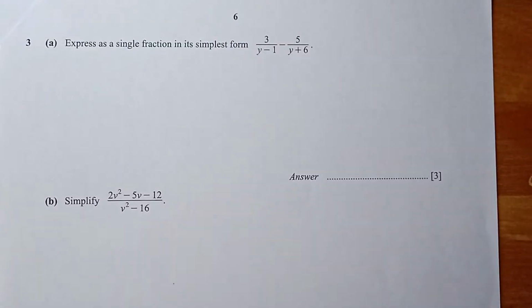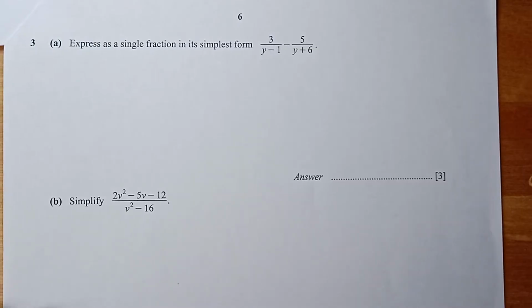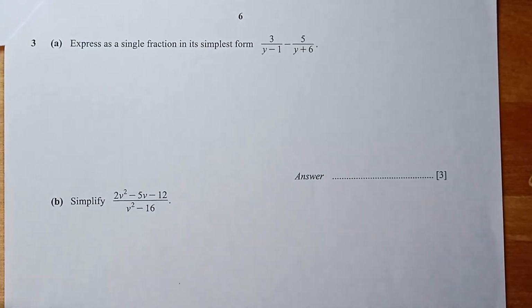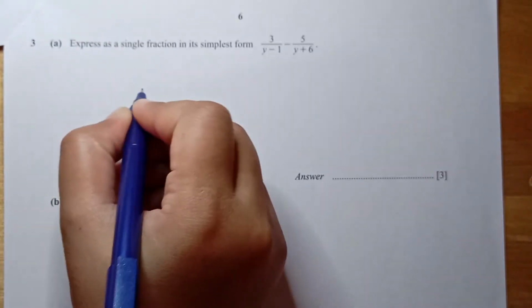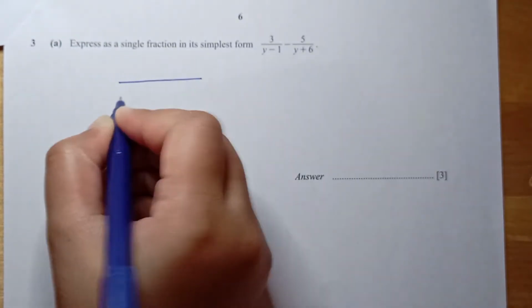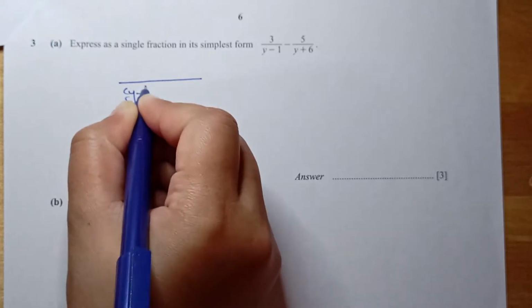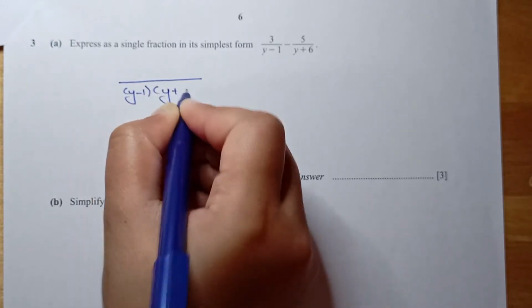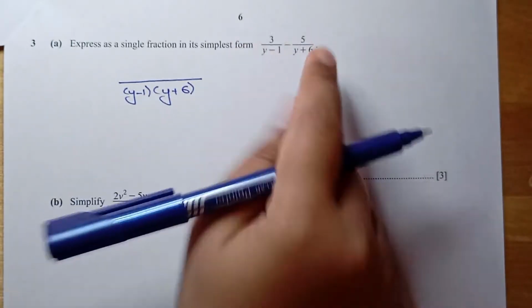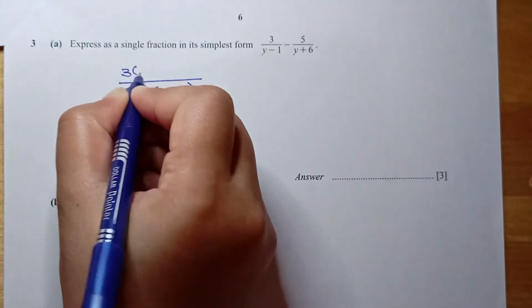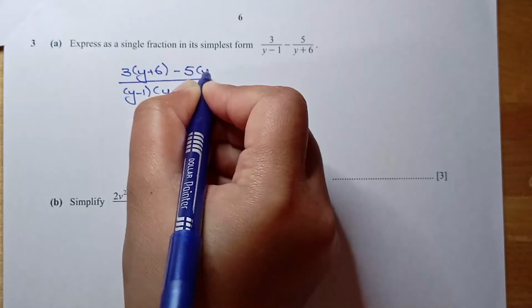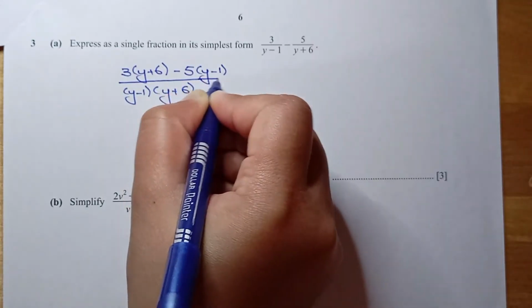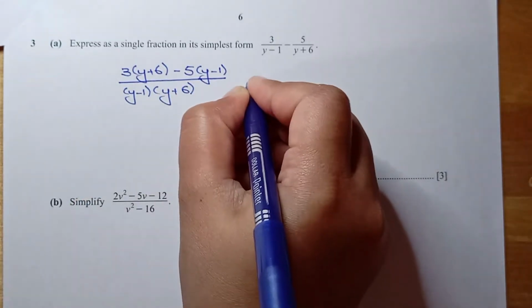Question number 3 in A part, express as a single fraction in its simplest form. Okay, so we need to take the LCM first, and that is y minus 1 and y plus 6, and then we cross multiply: 3 times y plus 6 and minus 5 times y minus 1. Now let me simplify it further.